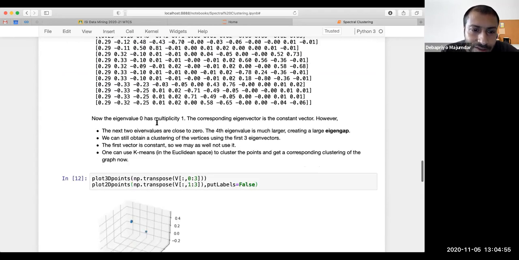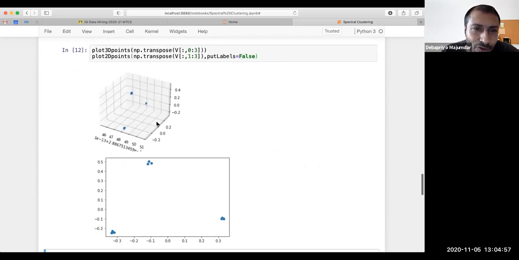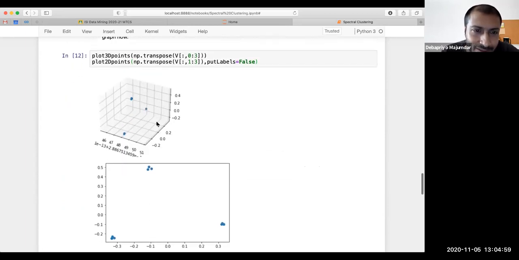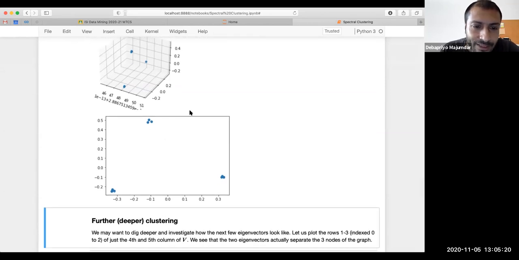And what I did here, I just ignored the first eigenvector because that doesn't give us anything. But if you simply go with that also, your graph is now mapped into this 3D Euclidean space, with the points being in these 3 different places. You can partition them. You can use your k-means algorithm, right? So that's what it has done.